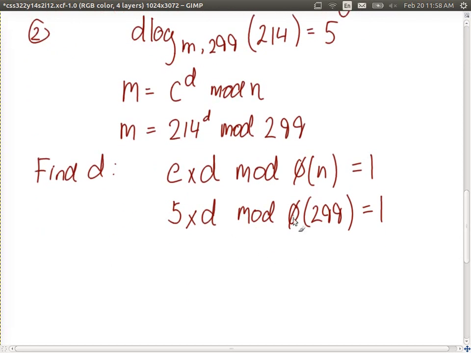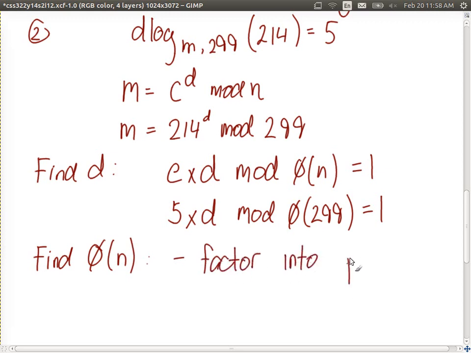So to find D, we need to find the totient of n. All right. And there are two ways. Factor n into P and Q, and then it's easy. Or the other approach, the brute force, that is, try all the values up to n minus 1.